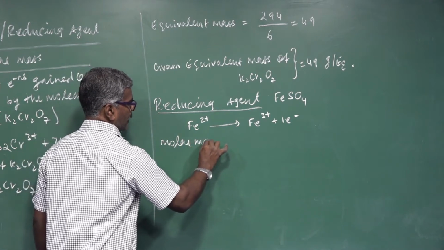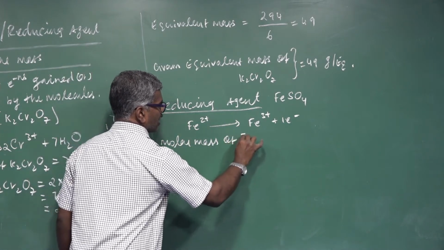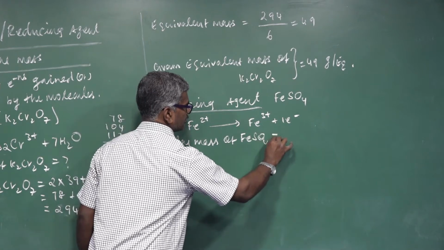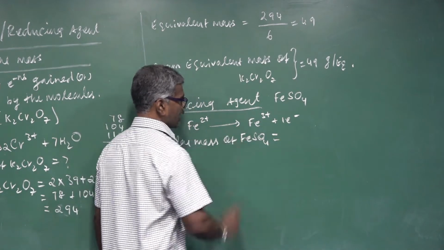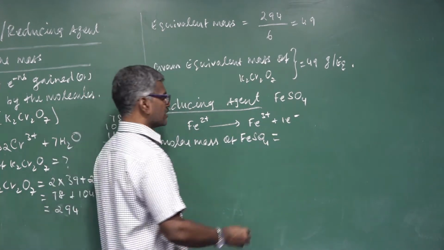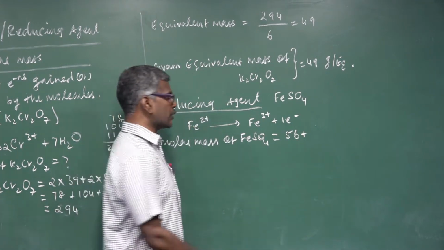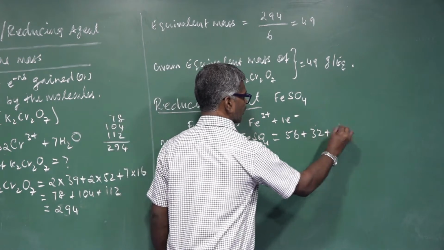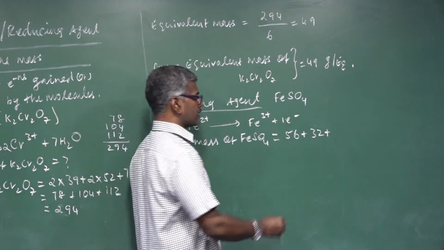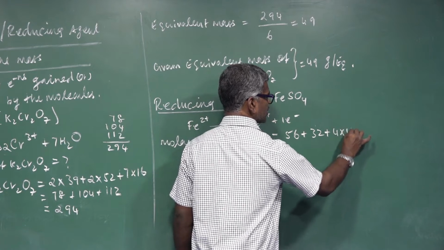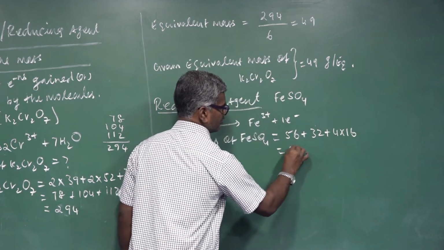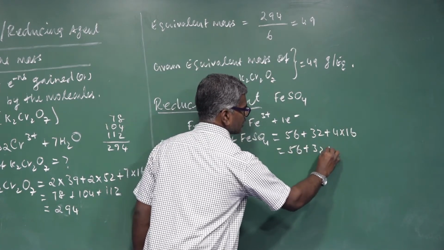Molar mass of FeSO4. Here iron molar mass 56, sulfur molar mass 32, oxygen molar mass 16. So 4 into 16. That is 56 plus 32 plus 64.